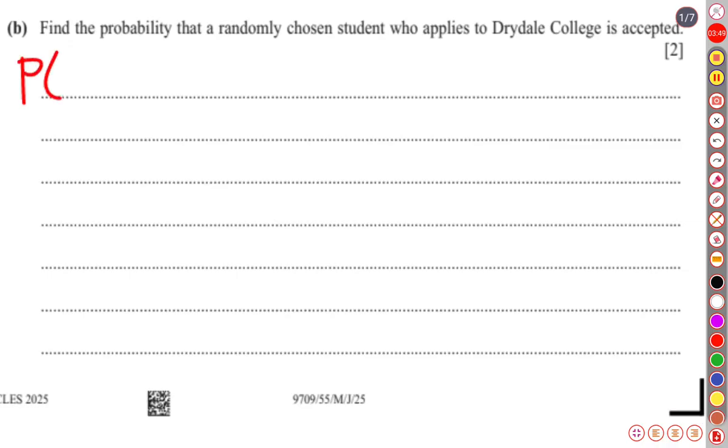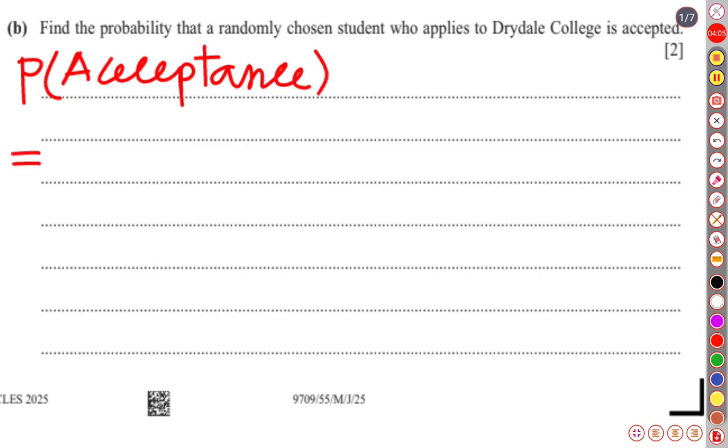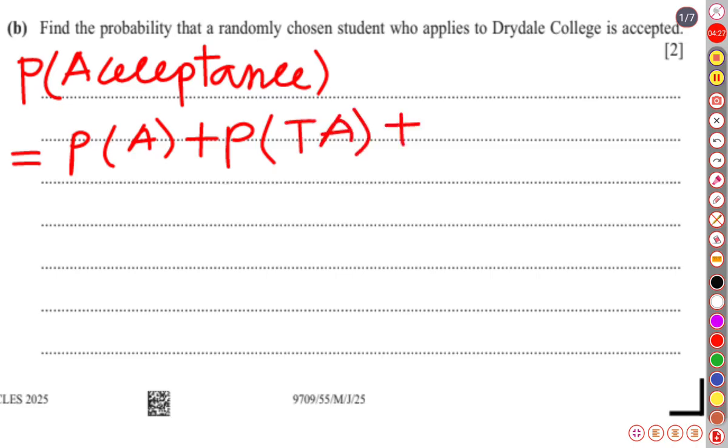Probability of acceptance equals: he might have succeeded in the first attempt, or the first time he was required to take the second test, so the first one was a retest and the second time he succeeded, or in the first two times he was given two chances and in the third attempt he was accepted.